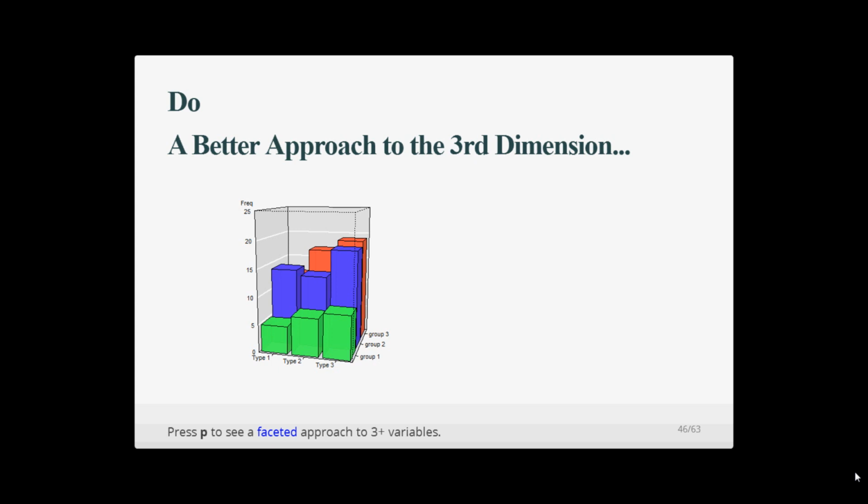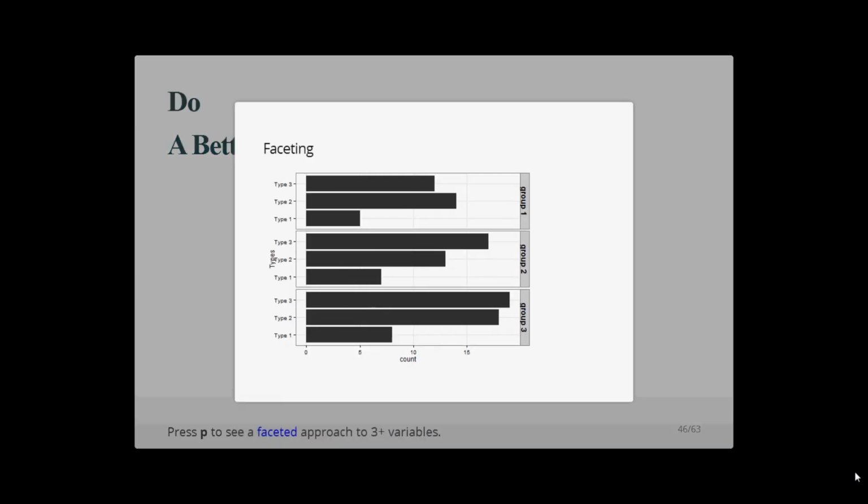A better approach to the third dimension is to use faceting. This allows us to keep everything in our working memory at once and to see all the data at once. It allows for easier comparisons too, because we're looking at lengths, which is a powerful preattentive attribute.